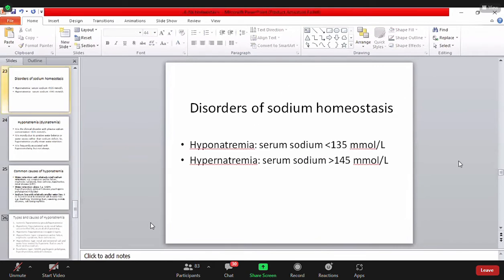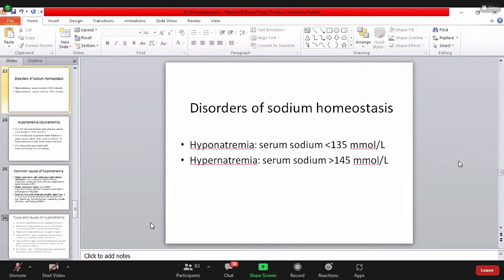So disorders of sodium homeostasis are two types, hyponatremia and hypernatremia. Tell me, what is the normal serum sodium concentration? 135 to 145 milliequivalent per liter. Milliequivalent per liter or millimole per liter, the two units are the same because sodium has one valency.